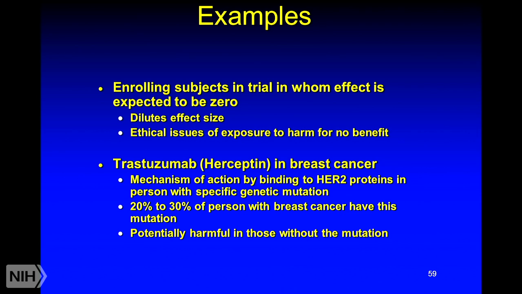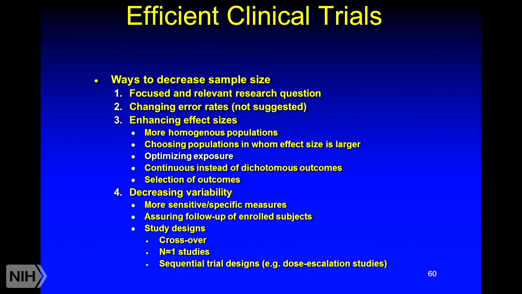In the other 70 to 80%, it's potentially harmful. It certainly doesn't help them. So you want to specifically use this in people that are HER2 positive to begin with. So that is studying a more homogeneous population, and you can actually use a smaller sample size, and more importantly, avoid harming people that can't benefit to begin with.